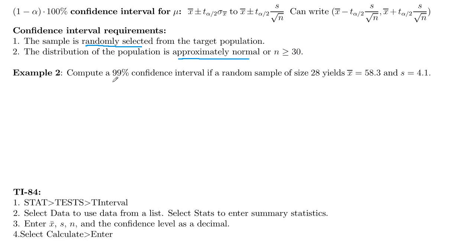So here we're going to compute a 99% confidence interval. So that means alpha is 0.01. And if a random sample of size 28, so n is equal to 28, yields x bar is 58.3, s is 4.1.